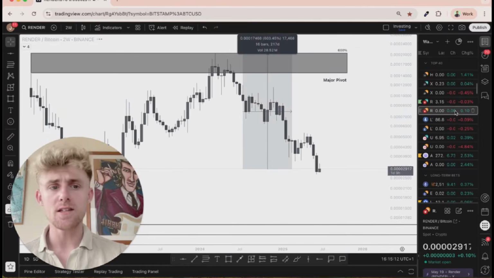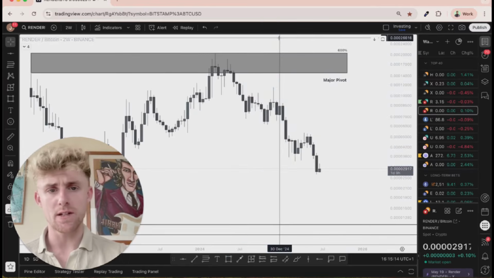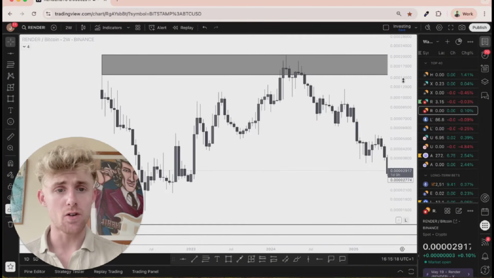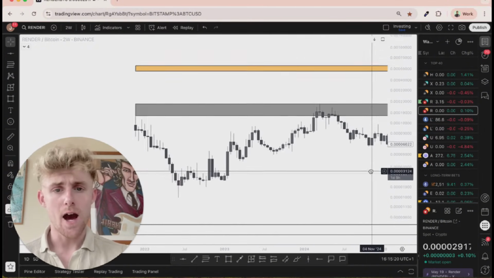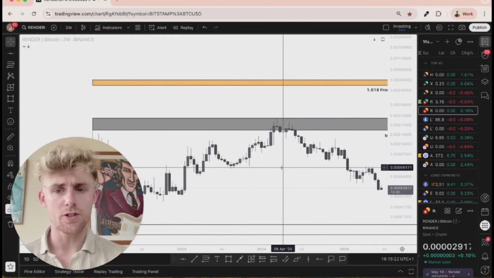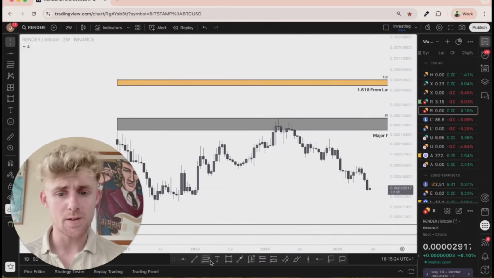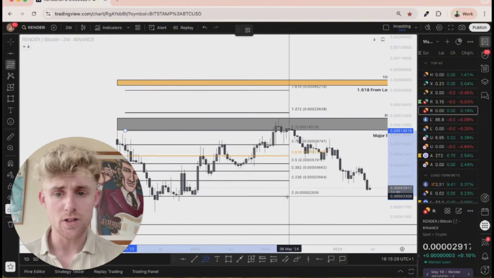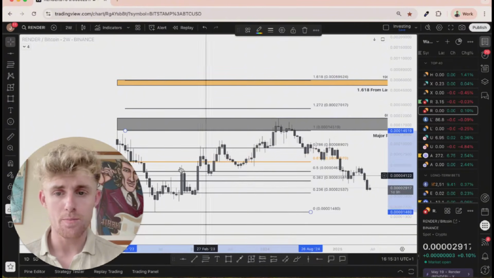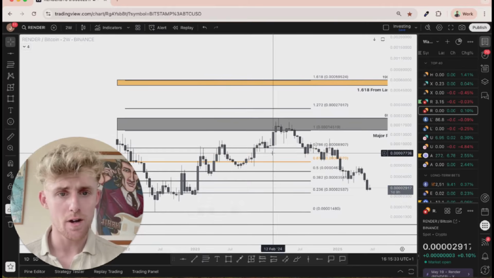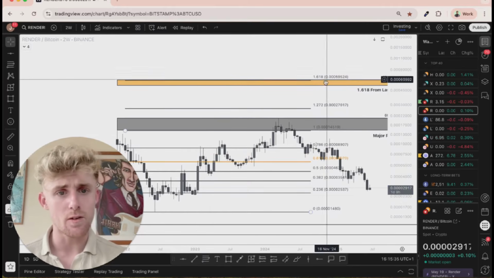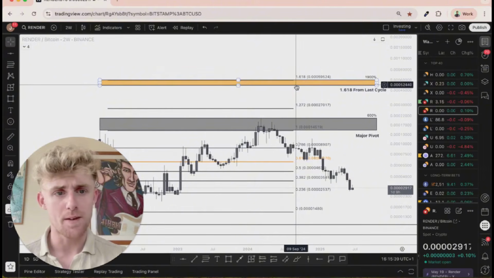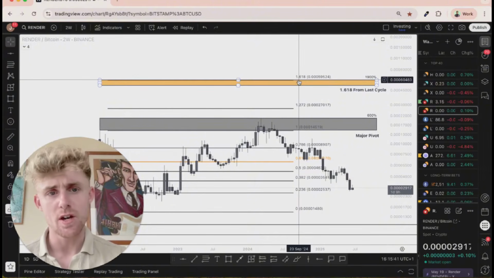Next up, there is one other level, guys, that I do have to bring to your attention because it is in the charts, and that is all the way up here. The reason I've got this level marked out is that, as I mentioned, I use Fibonacci quite a lot, and I took the Fibonacci from the prior cycle high to the top here, and the 0.618 Fibonacci projection comes in right here, basically at, let's call it, 60,000 Satoshis.